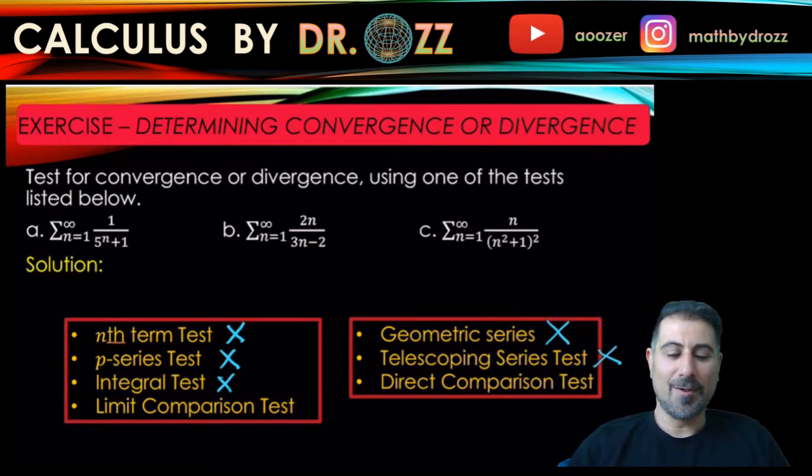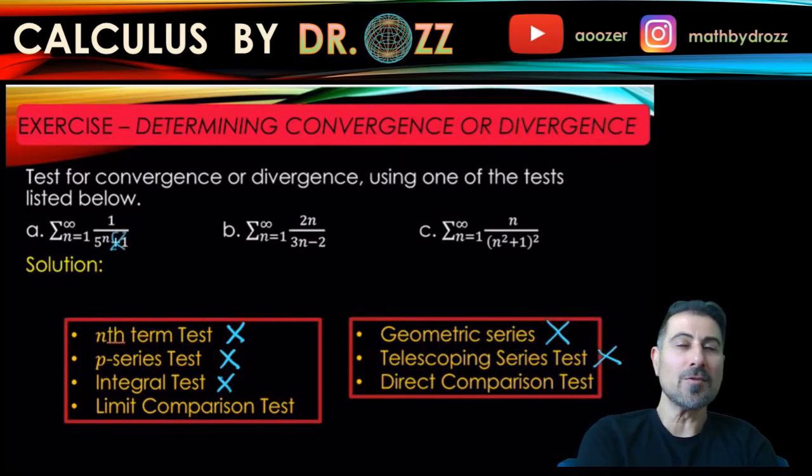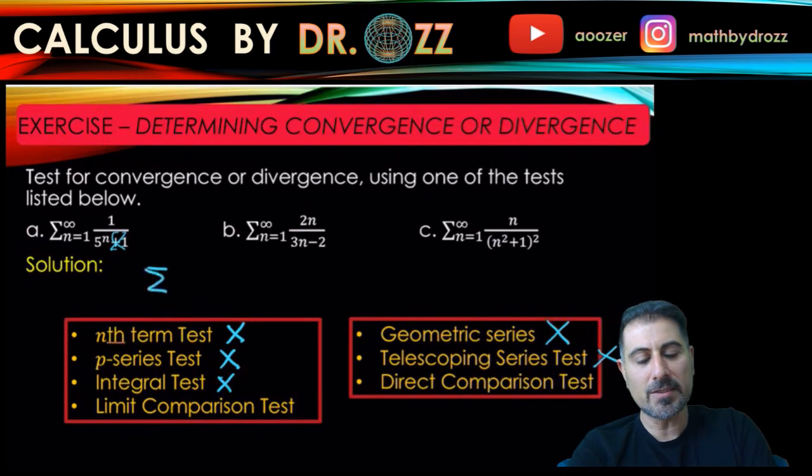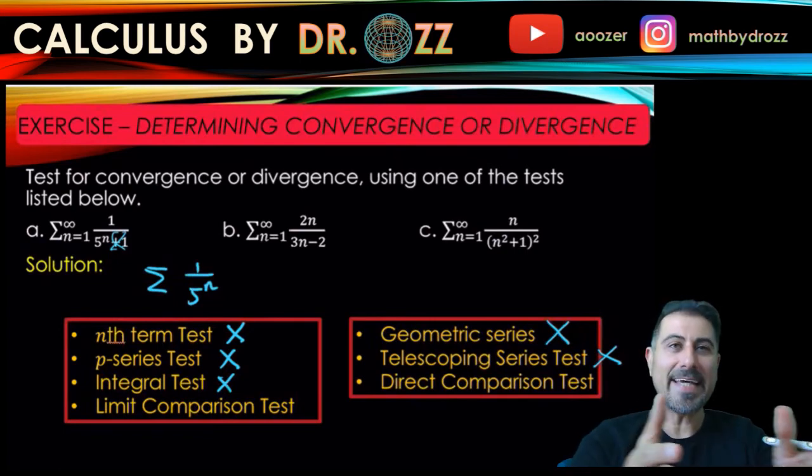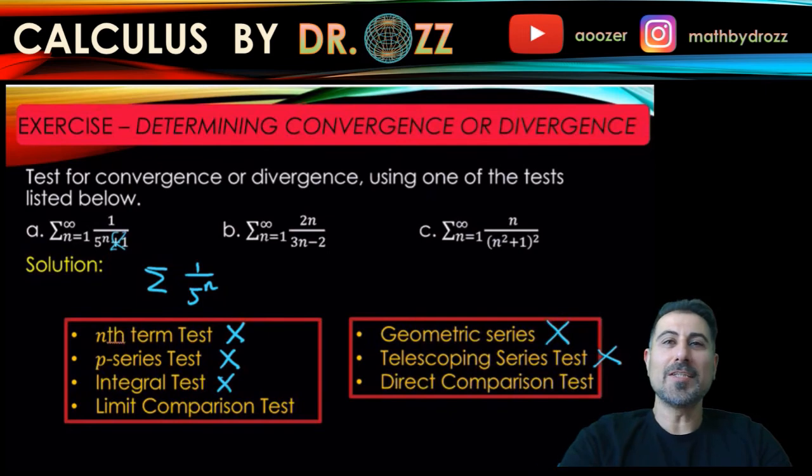Well, if there was no 1 here, what do you think the series would look like? Because 1 in comparison to 5 to the n for large n is just nothing. It's very minor. I can see that this series resembles 1 over 5 to the n. Now it's up to your taste to use either the direct comparison test or the limit comparison test.